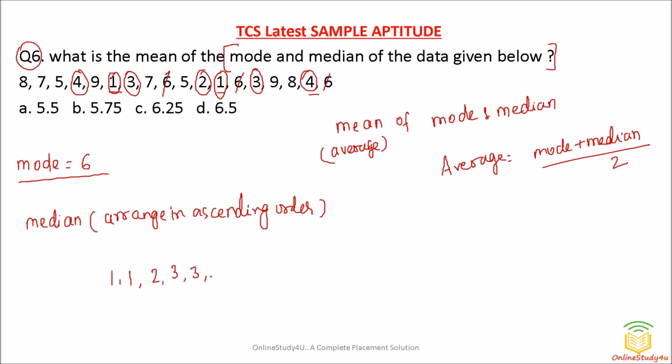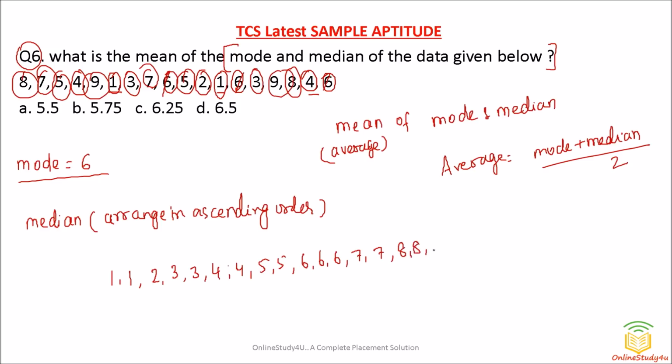Definitely it will not be 3, otherwise we could not have taken the mode as 6. 4 is also done. 5 is also 2 times, so 5 and 5, okay, very good. 6 is thrice, so 6 6 and 6, done. Now 7 is twice, so 7 7, okay. Then 8 is also twice, so 8 and 8, 9 is also twice, okay, done. So 8 8 9 9.